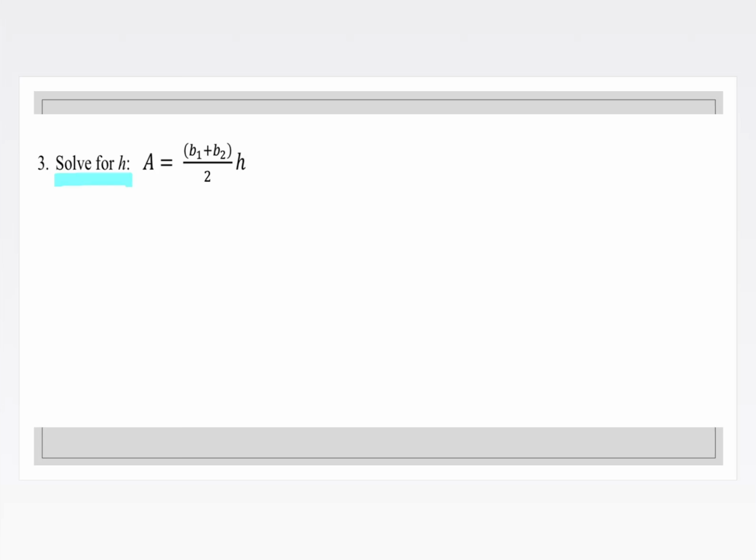If we look at this problem, we have b1 plus b2 divided by 2 times h. So this entire quantity is times h. So we can solve this problem a few different ways. We can do a few steps. So we can rewrite this to be A equals b1 plus b2 over 2 times h over 1.